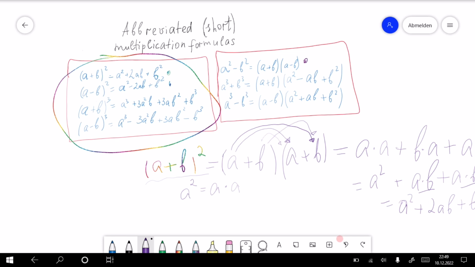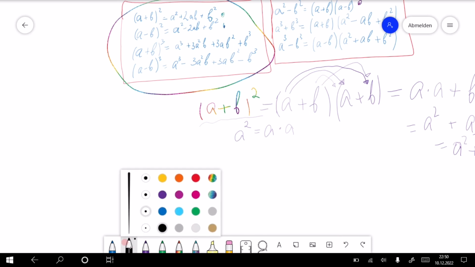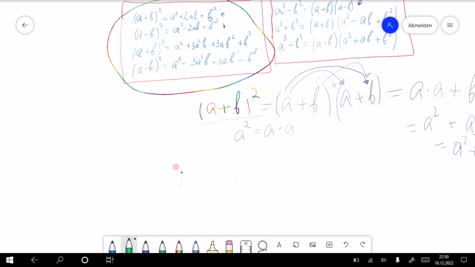Now, the other hard task for school students can be to see this short multiplication formula in real life, I mean, in numbers, in real tasks. For example, you have 4 plus 4x plus x squared.